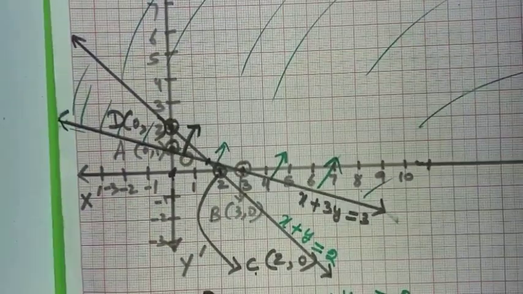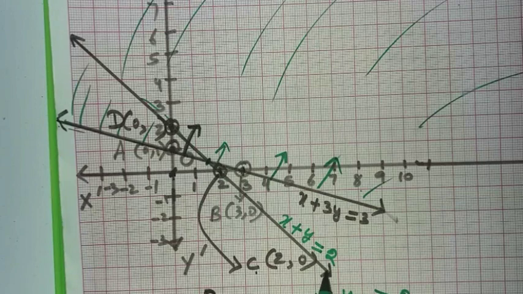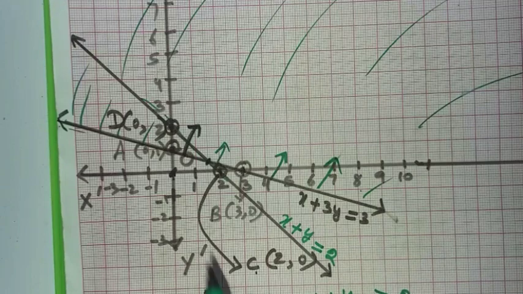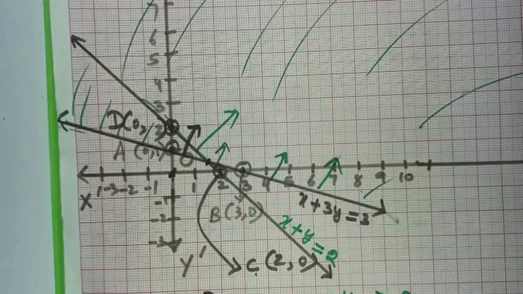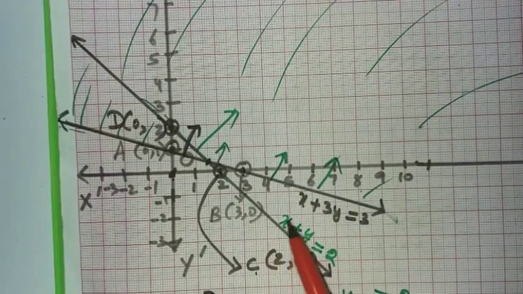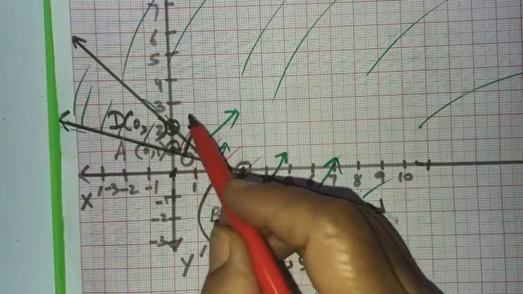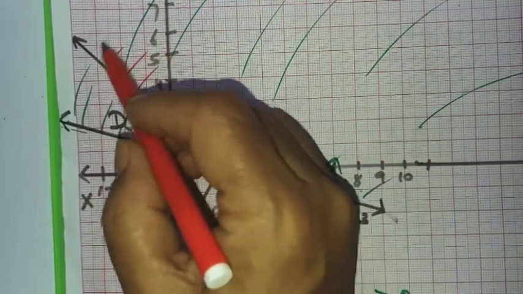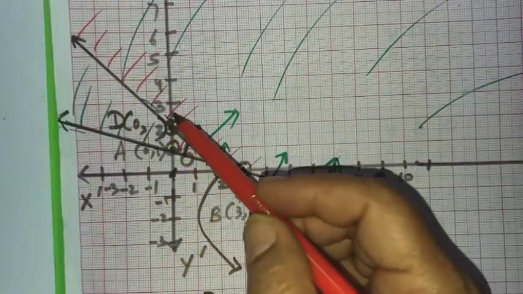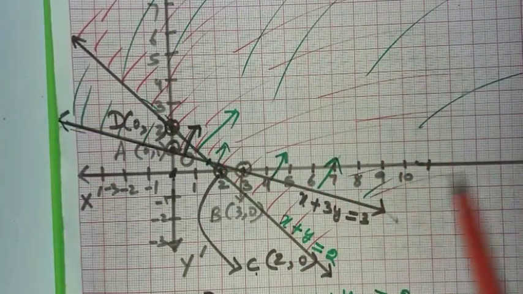So this is the line x plus y greater than or equal to 2, and the region it represents is again the region away from 0, because when we substituted 0, 0 we got false. So the whole area above this line has also been shaded.